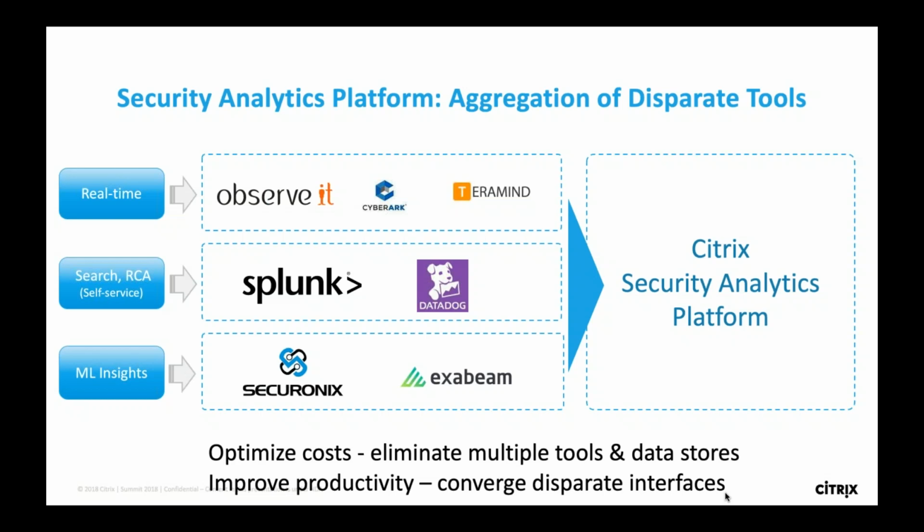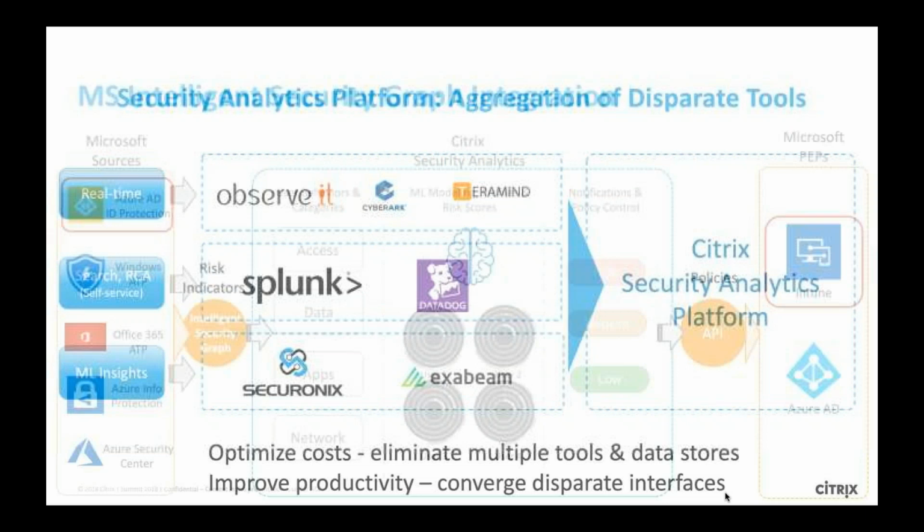A lot of our customers use Splunk for querying a huge volume of data and looking for trends. And then they use products like Securonix and Exabeam for intelligent insights into security events. What Citrix Analytics does is combine all of these features into one simple offering, so that way you don't have to use multiple tools. So in my demo, I'm going to talk about that as well.